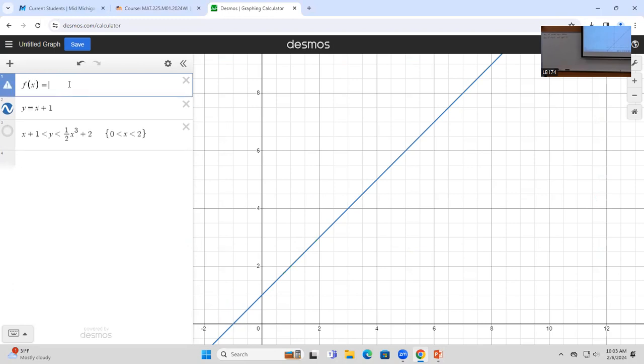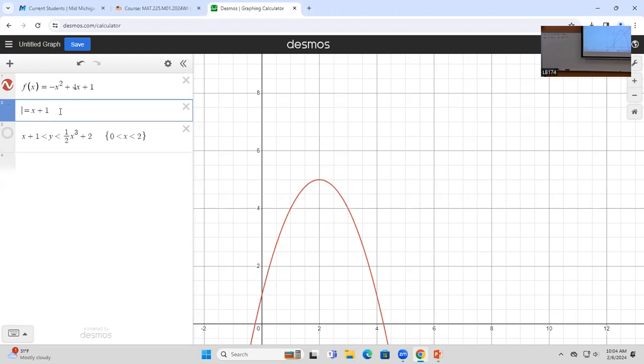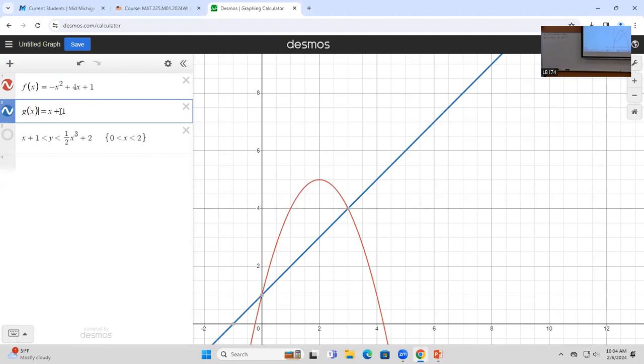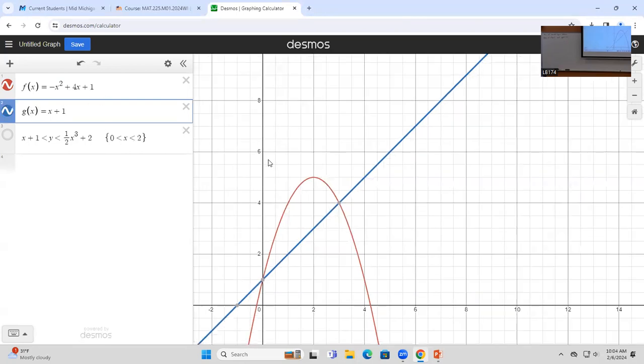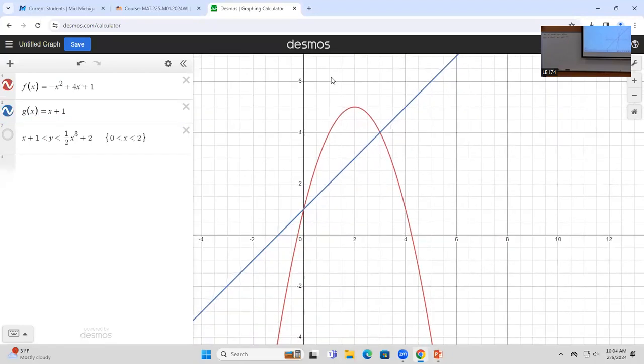So we have an f of x, which is negative x squared plus 4x plus 1, and then we have a y or g of x, which is x plus 1. And we're looking for the bounded region between these. Now, again, when I say bounded, that means completely enclosed.